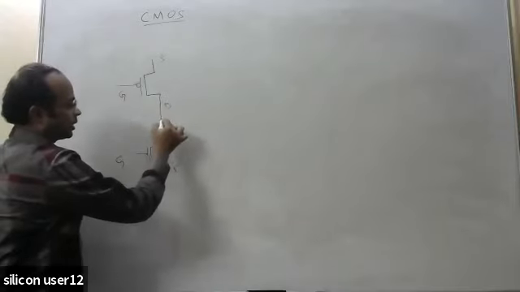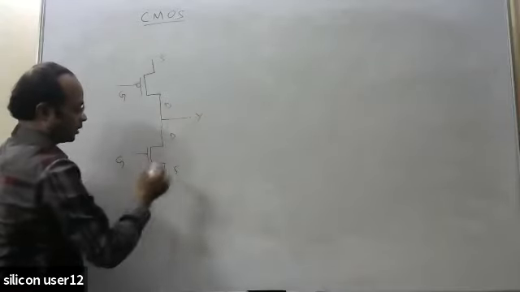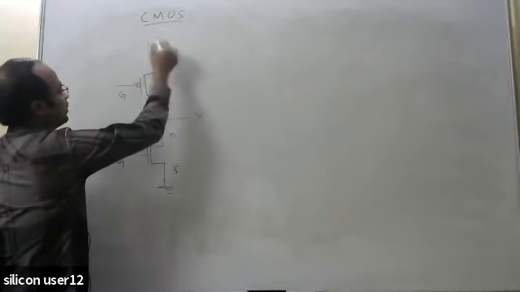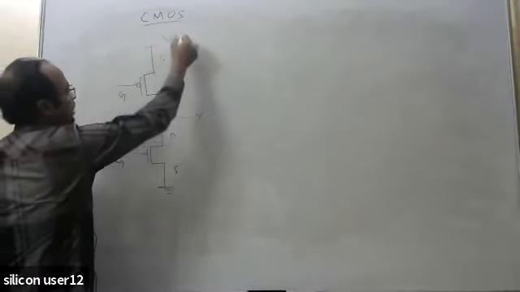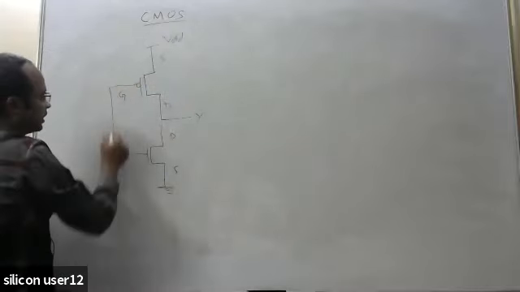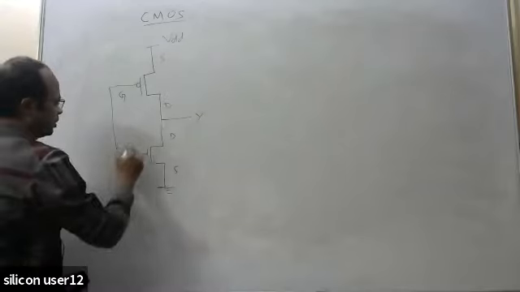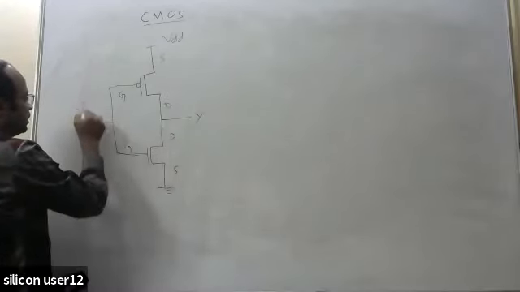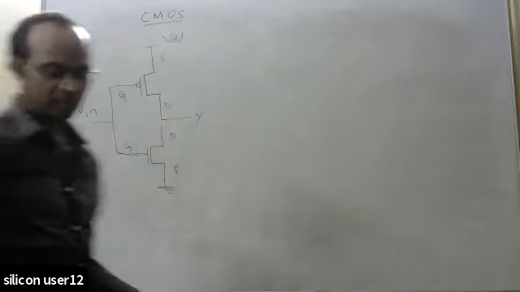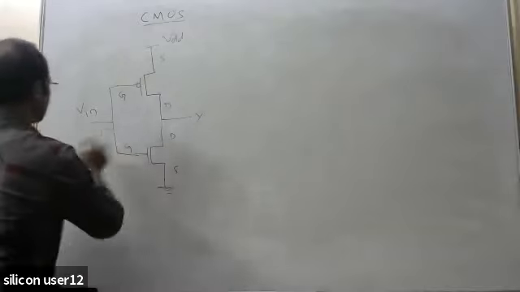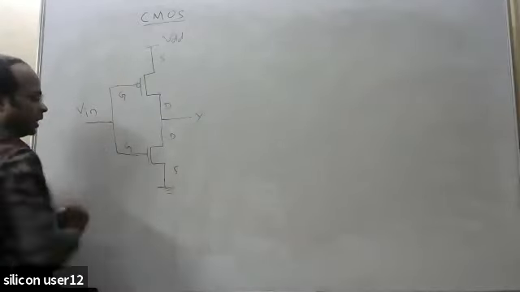Both the drains are connected and the output we take here, Y. The source of the NMOS is connected to ground, the source of the PMOS is connected to VDD, and the gates of the NMOS and the PMOS are tied together, and here you give the input voltage VI.